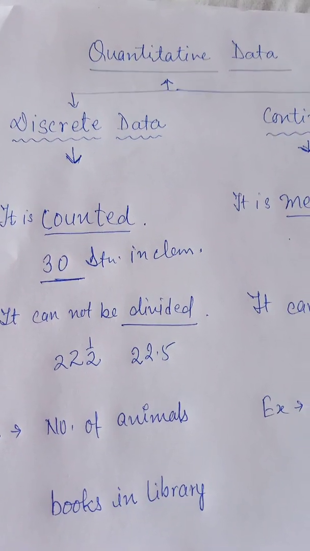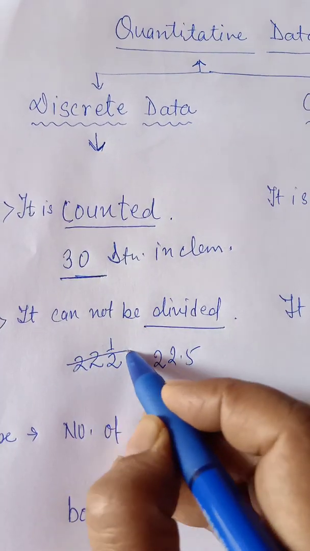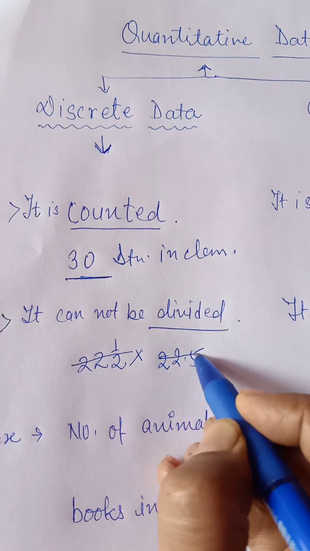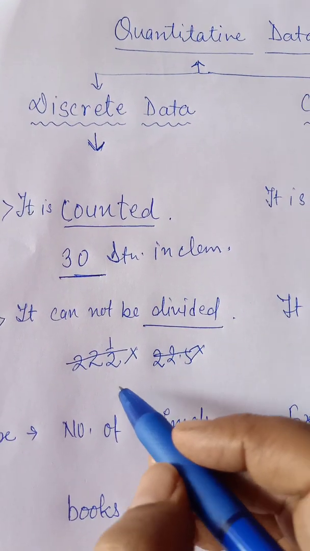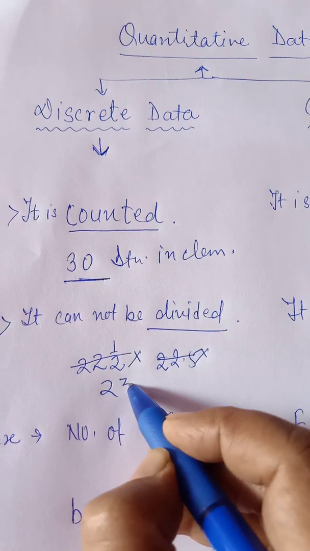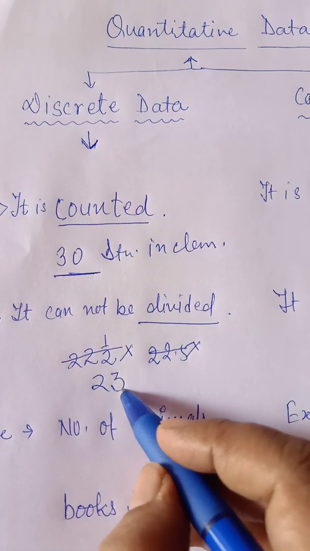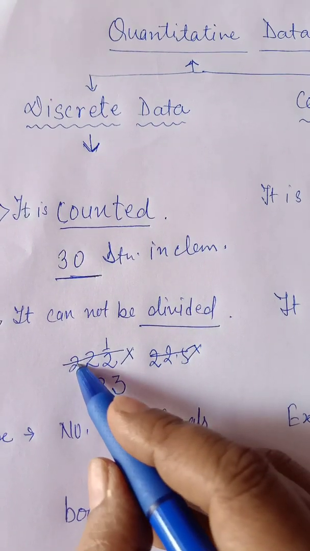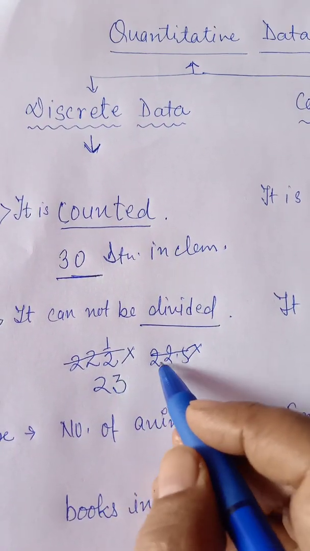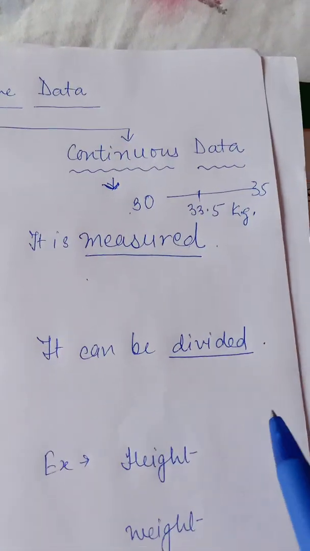That means discrete data has clear space between values. Okay, so like number of students, number of animals, it can be 23, not 22 1/2 or 22.5, not like that.